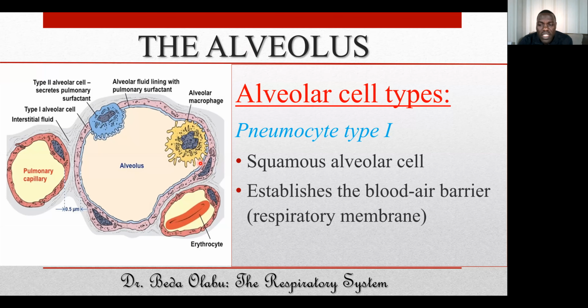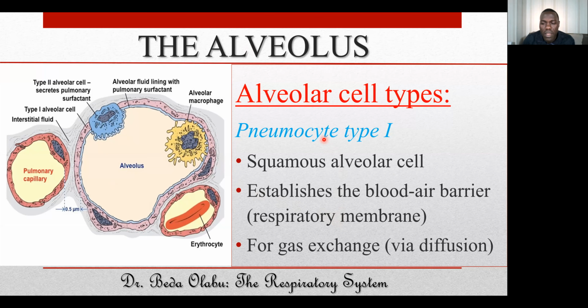These cells are the ones that establish the barrier between blood and air. They constitute what we call the respiratory membrane that we'll be talking about shortly. So for that reason, we can say that pneumocyte type 1 are the cells responsible for gas exchange, because the gases diffuse through the cytoplasm of pneumocyte type 1.